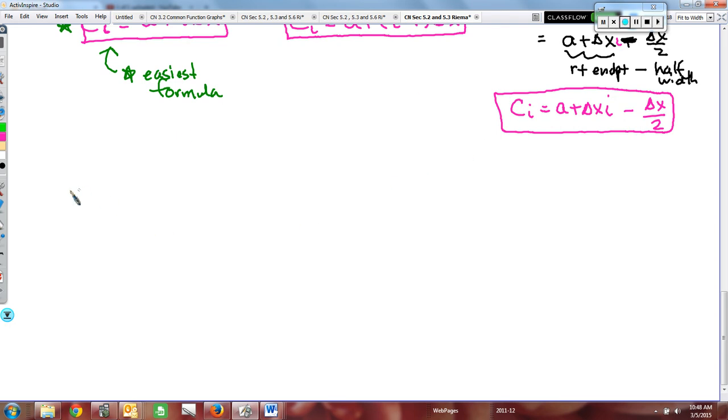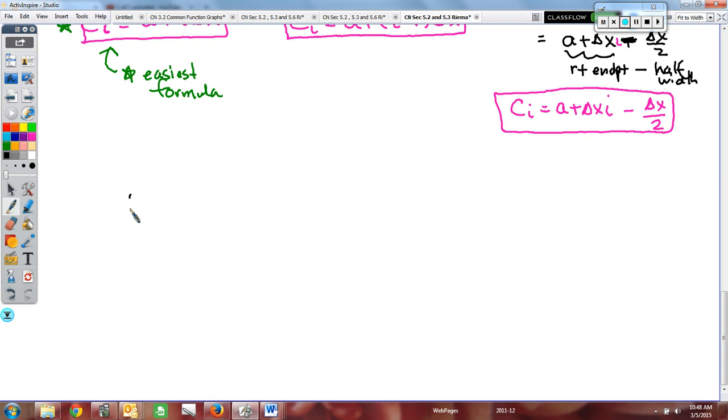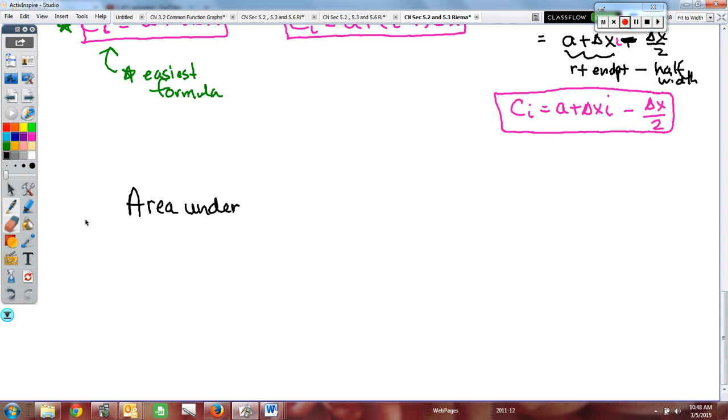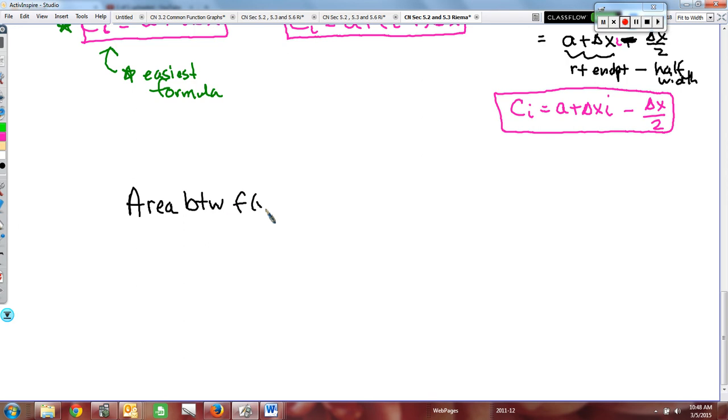We're trying to find the area, okay? The area under, or let's say between, f of x and the x-axis on an interval a to b.